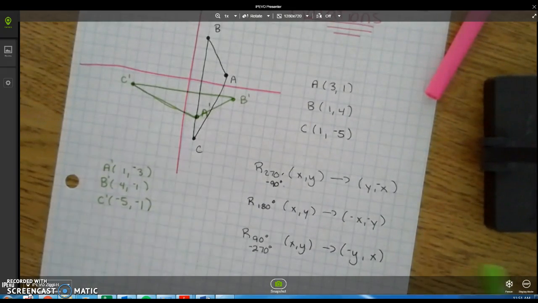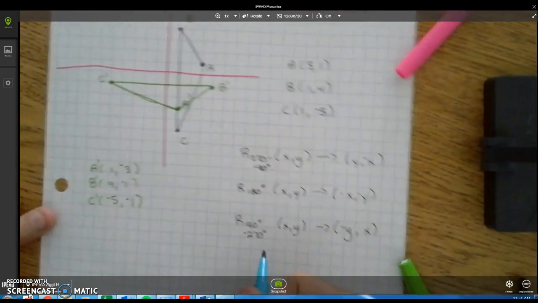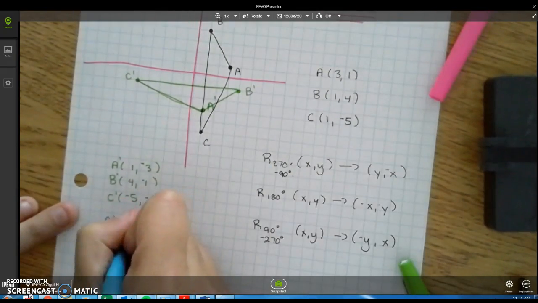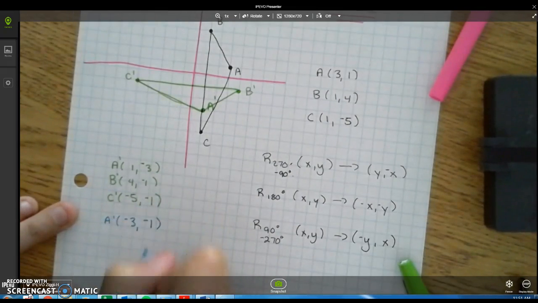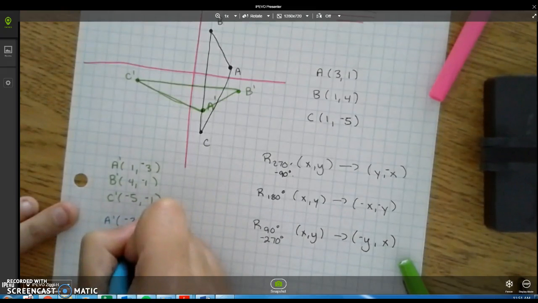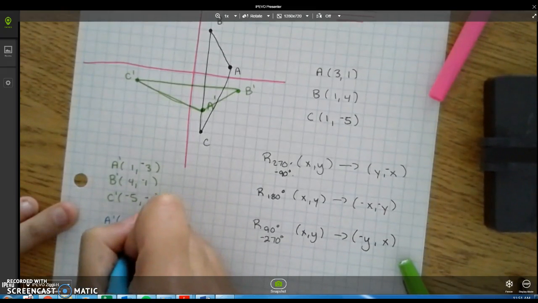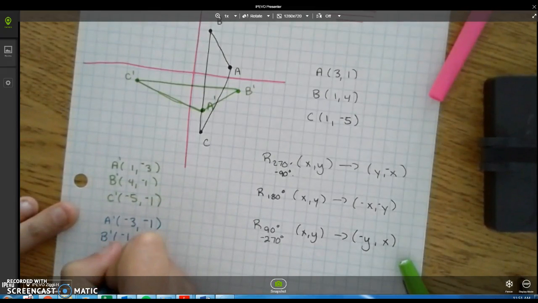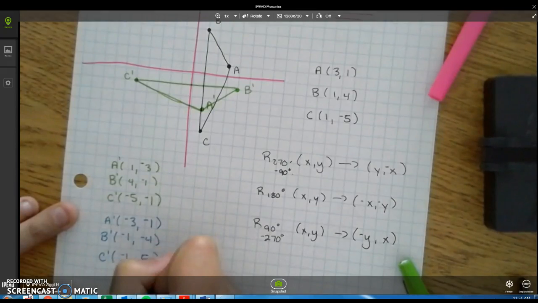And let's do 180 degrees. My A prime in this case will be negative 3, negative 1. They both negate. B prime will be negative 1, negative 4. C prime will be negative 1, positive 5.